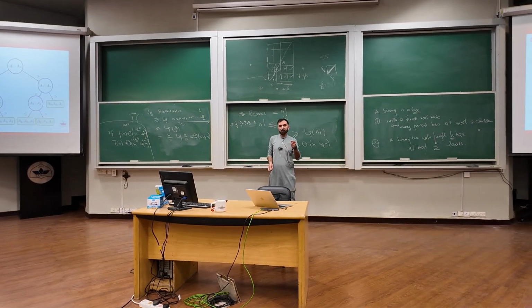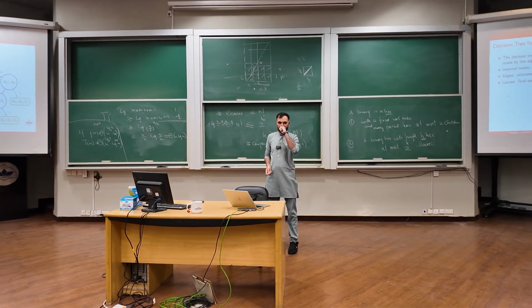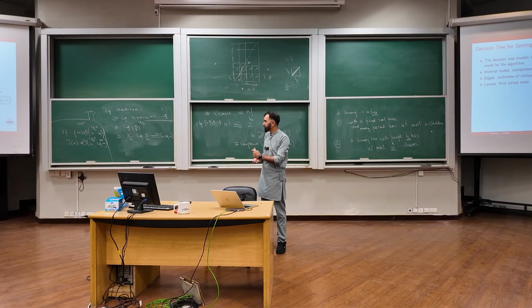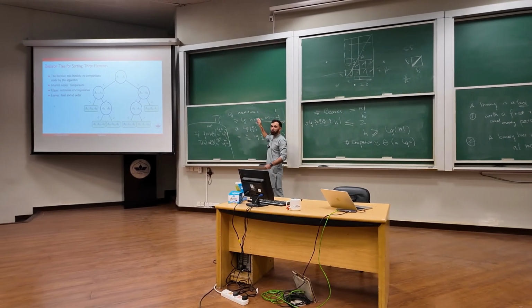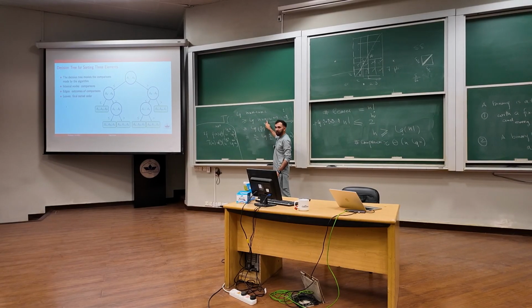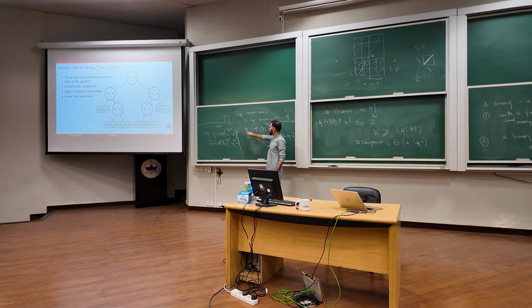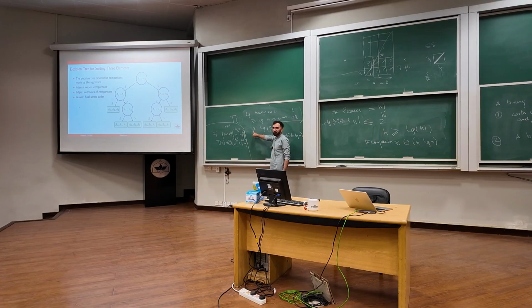So I replaced everything more than n over 2 with n over 2. I had n over 2 terms here, each of them is more than n over 2, so I can replace all of them by n over 2 by writing greater than or equal to.